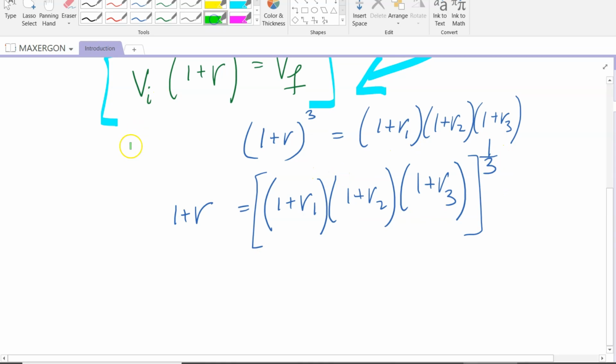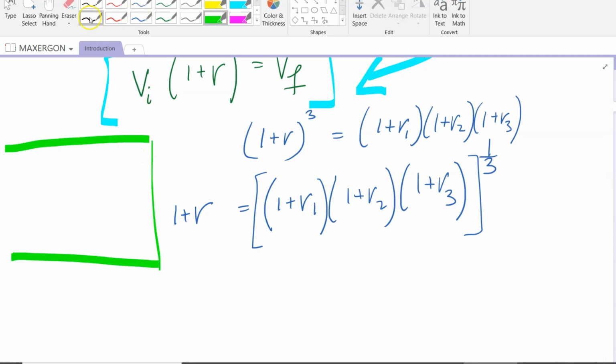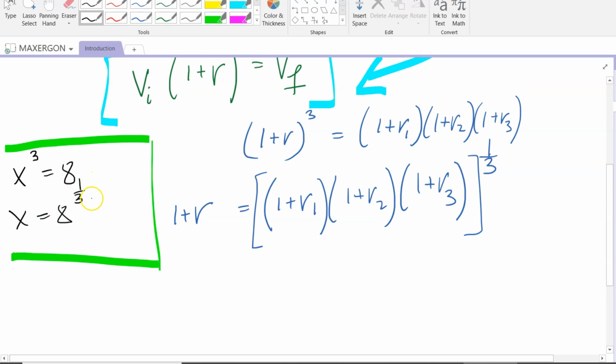I can remind that the reason we did this is because when we solve an equation such as x exponent 3 equals, let's say, 8, the way we solve it is by finding the reciprocal exponent on both sides. So in this case, x is going to be 8 exponent 1 over 3. This gives us 2. So we did the same process here.